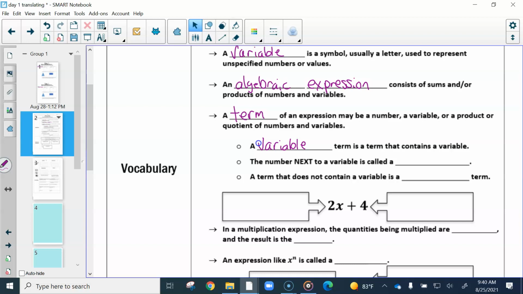The number next to a variable is called a coefficient. I never spelled this right, so it looks right. It's right. A term that does not contain a variable is a constant term. The numbers by themselves are constant terms.